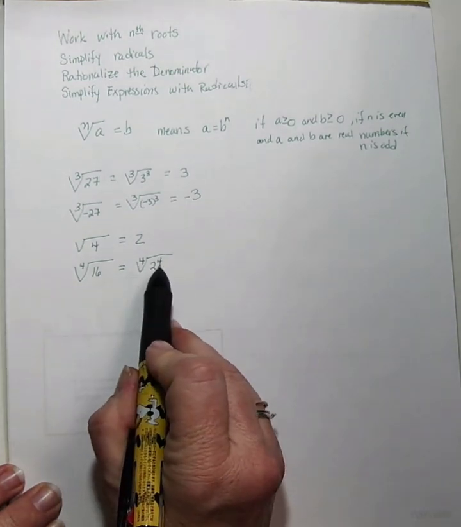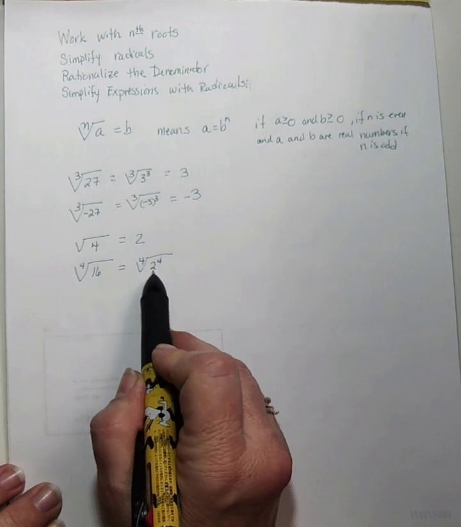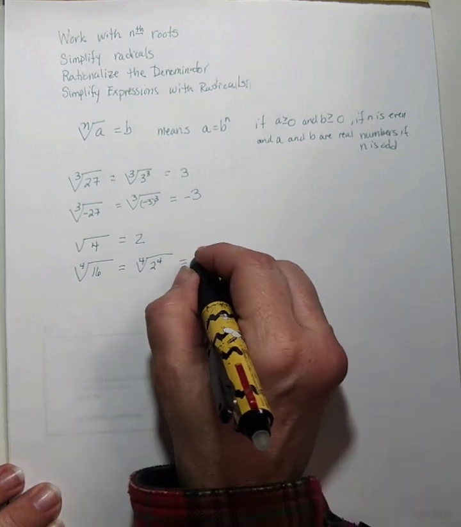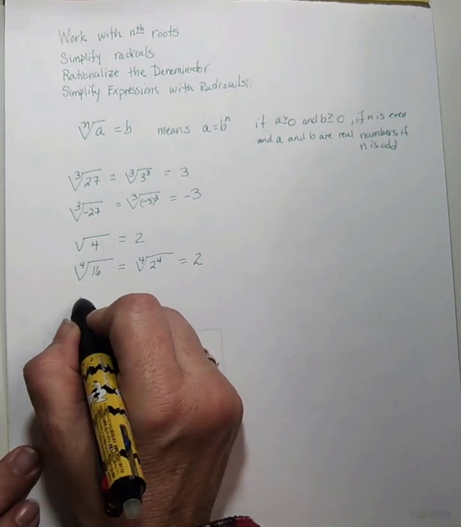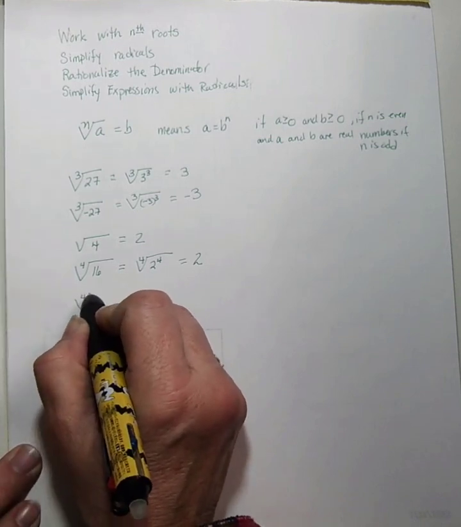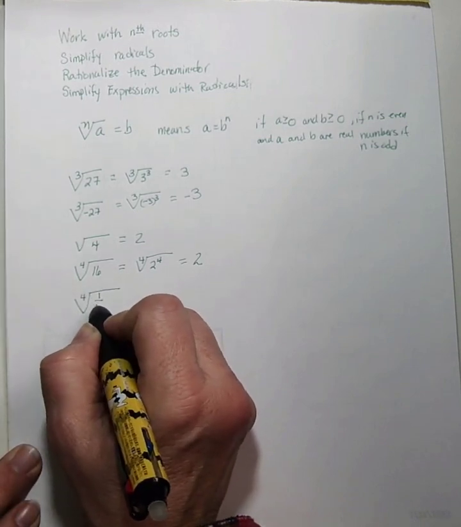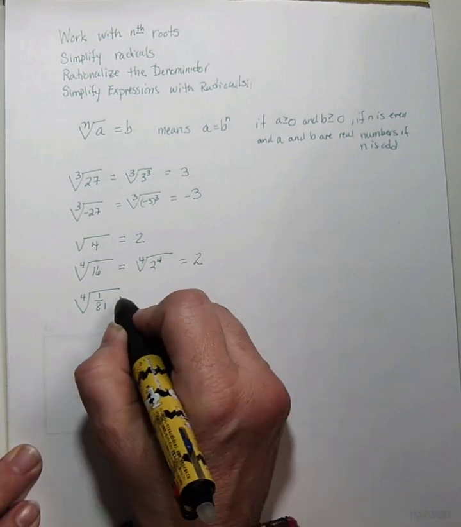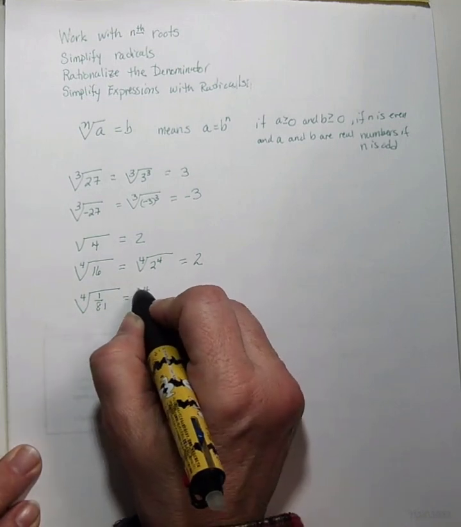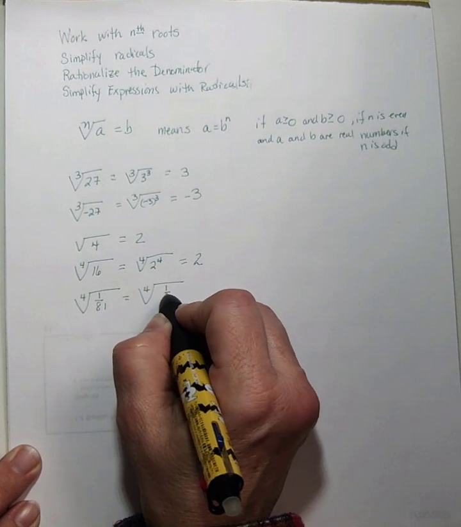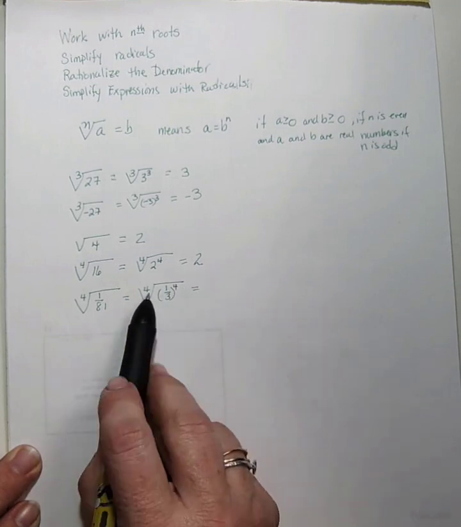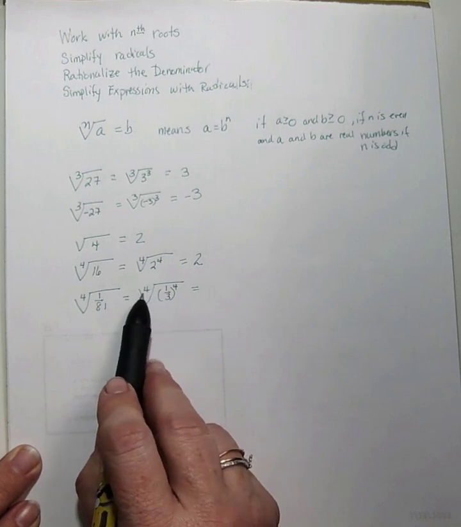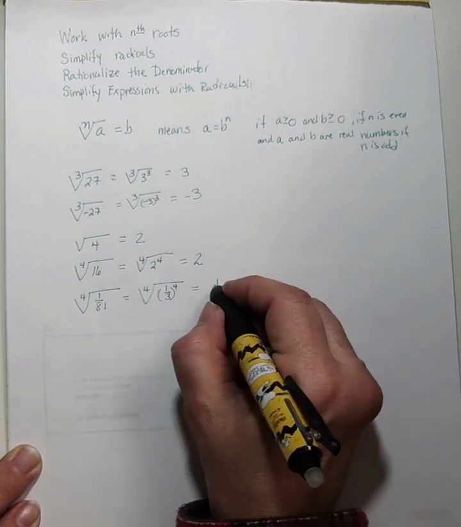Because those are the same, I can pull out that base, that 2, and that would equal 2. What if I had the fourth root of 1 over 81? Well, I could rewrite that as the fourth root of 1 over 3 to the fourth power. So with those being the same, I can pull out the 1/3.